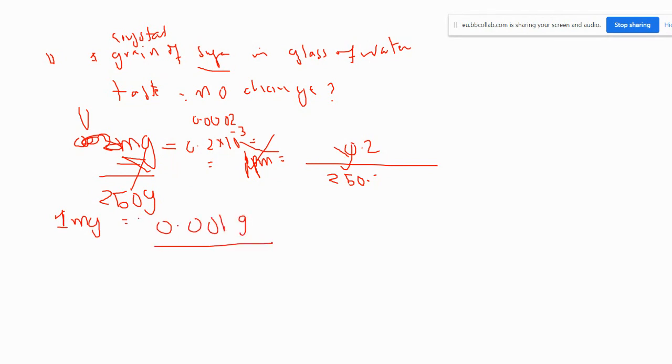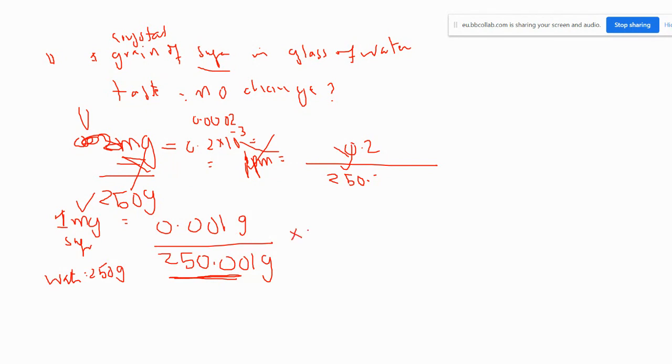And then divided by 250 gram of water, but the solution will be 250.001 gram. Don't forget this one. Because 1 milligram was sugar and the water was 250 gram, the total mass of solution will increase by 0.001 gram.